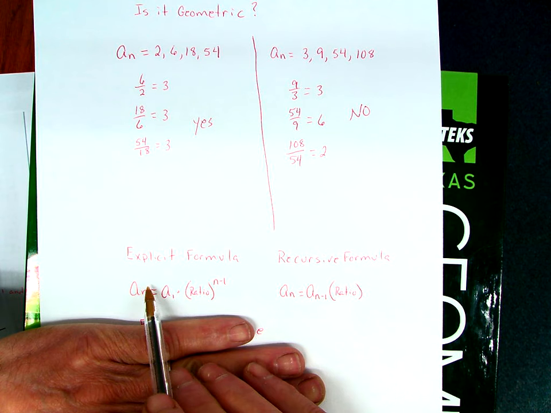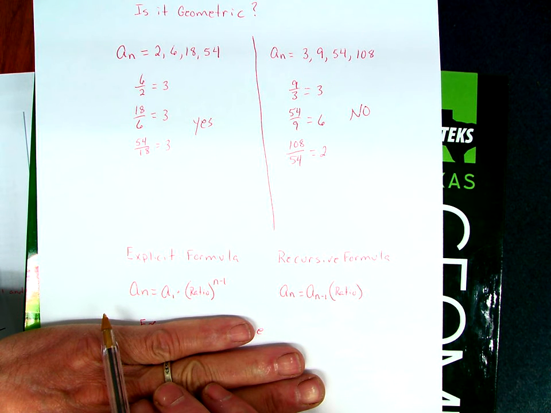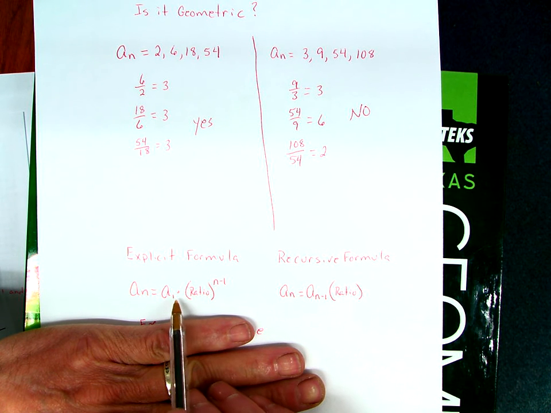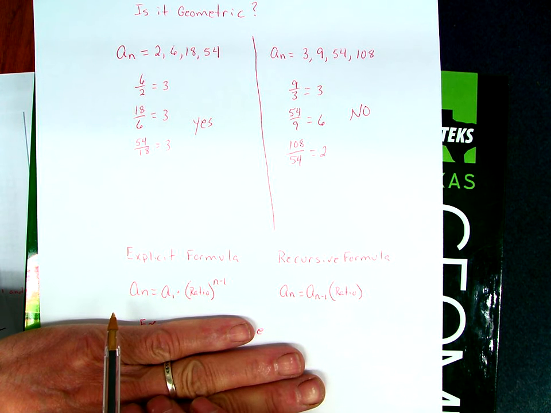So this can either solve for the element that you're looking for, it can solve for the first element in the series, you can even use it to solve for the ratio.